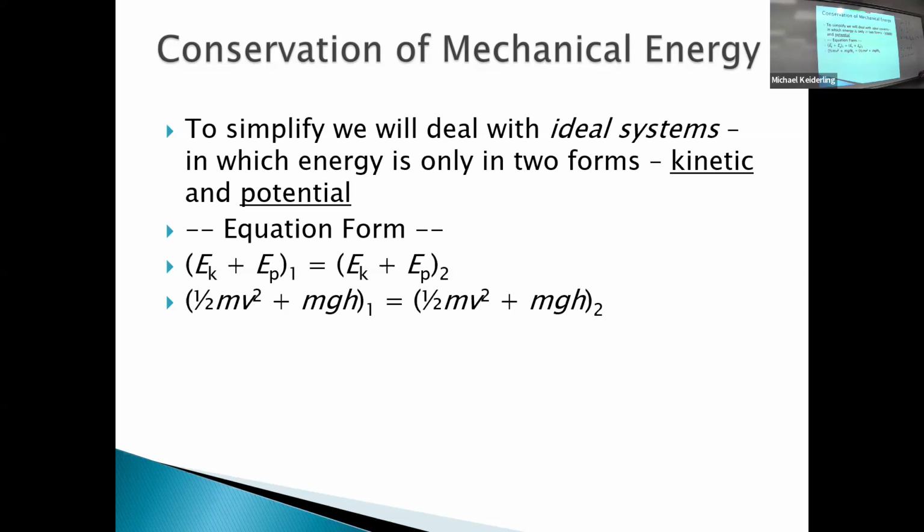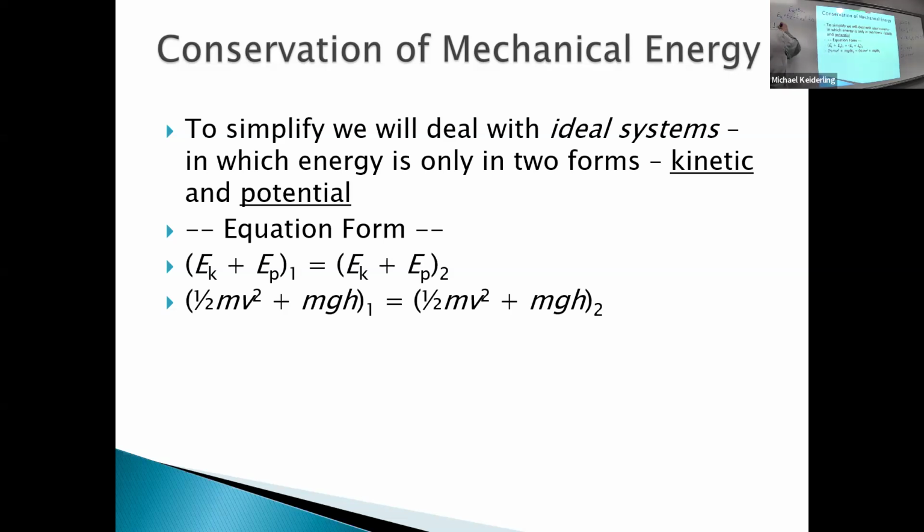So equation-wise, when energy is conserved, we have kinetic 1 plus potential 1 equals kinetic 2 plus potential 2. Because energy total 1 equals energy total 2.